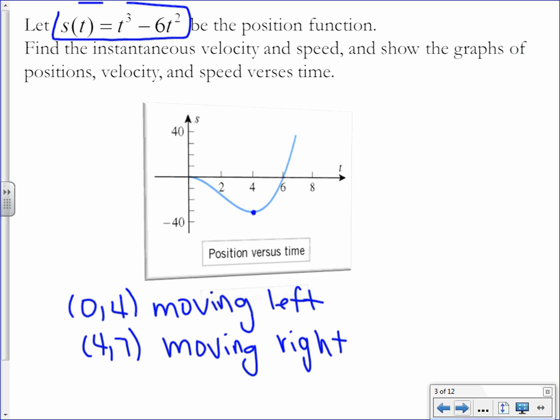You're standing still. In order to switch directions, we have to stop and then come back, right? Now, not every time our velocity is 0 do we change directions, but when our velocity is 0 with our position, we go from decreasing to increasing. We're changing direction. What does it mean when our position crosses the t-axis?